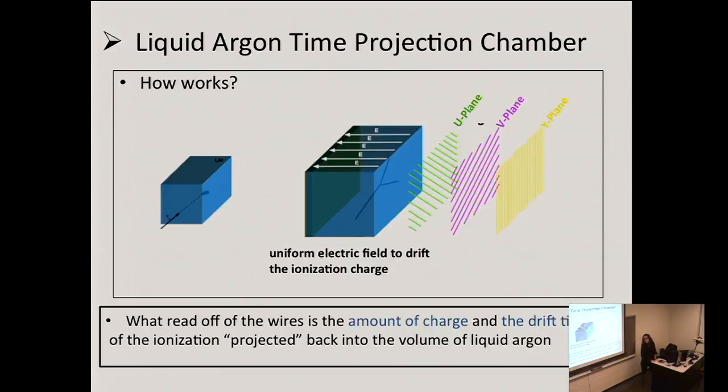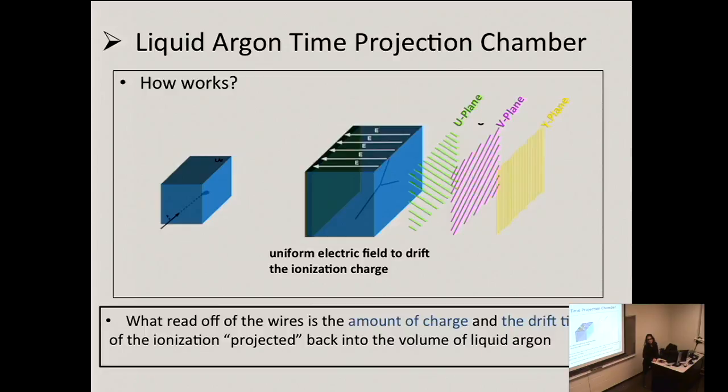So the electrons from the ionization drift, and we see pulses on the wires. There are 3 different directions in which the wires are placed to detect the electrons from ionization.